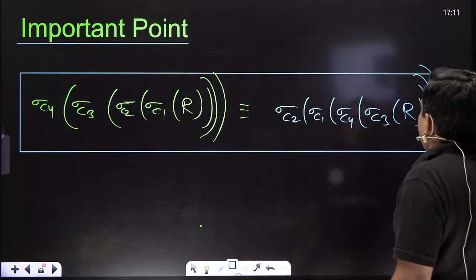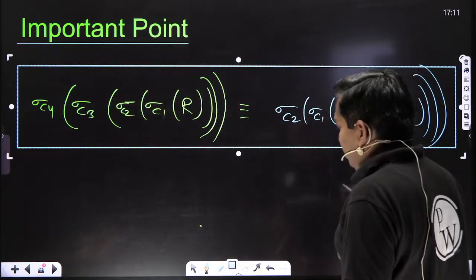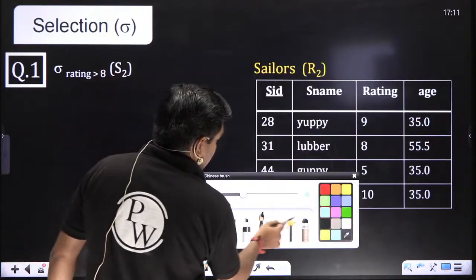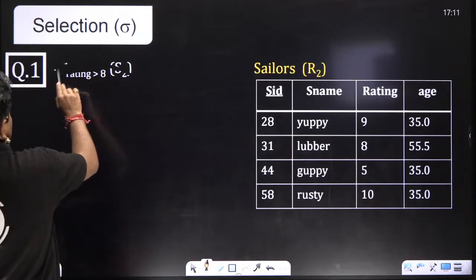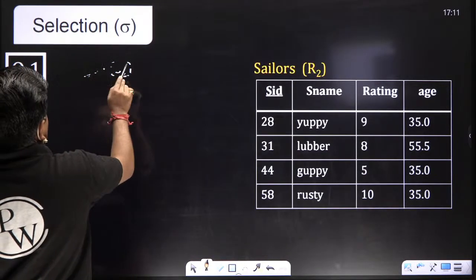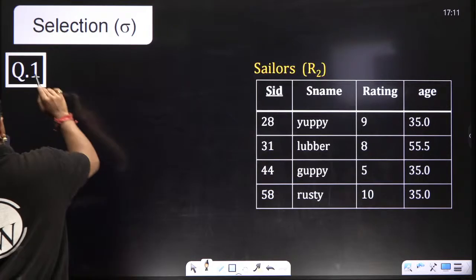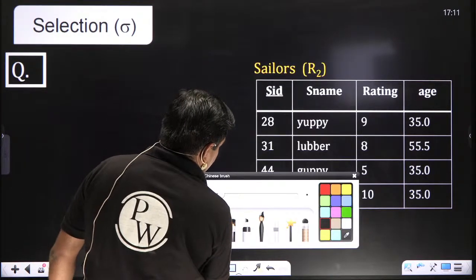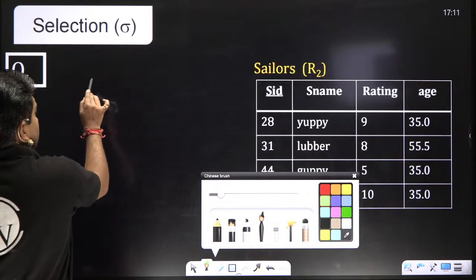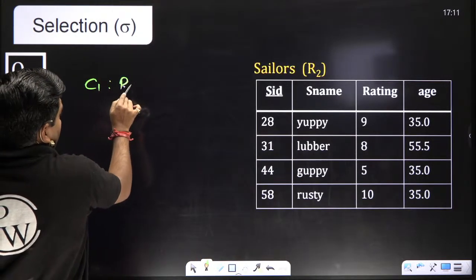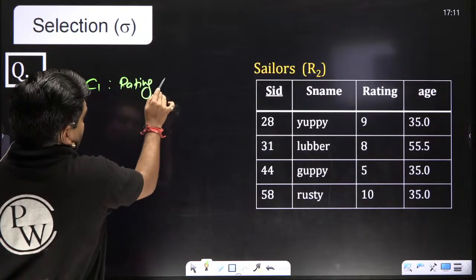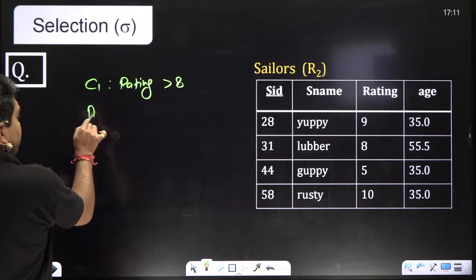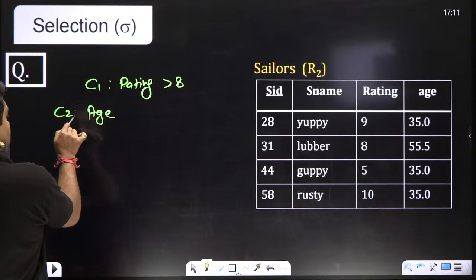Sir, why? For example, let's take a previous example. What is happening, my dear? Please listen carefully. Here I am applying a C1 condition. C1 condition is what? Rating greater than 8. And C2 condition is what?